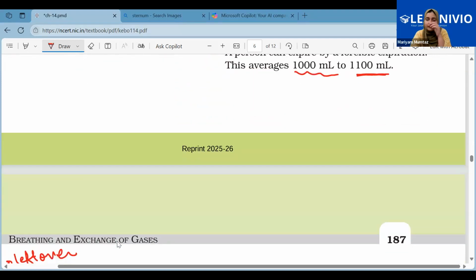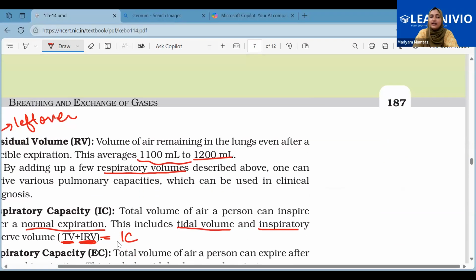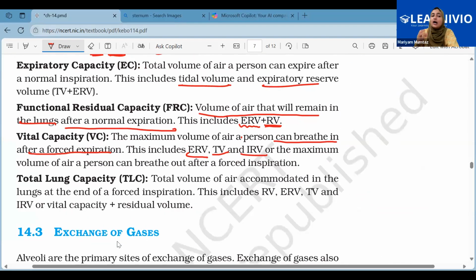ERV is when you are forcefully expiring. So you're adding that also. Why? Because it is how much air you will breathe in after you're done breathing out forcefully. It's not normal. It's when you are putting effort into breathing out, and then after that, how much volume of air you can breathe in. That is what they're talking about. So that is why you are adding the expiratory reserve volume, the tidal volume, and the inspiratory reserve volume.